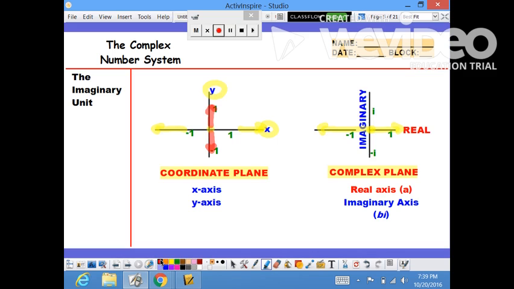But on the imaginary axis, when you go up, that's positive i, and when you go down on the imaginary axis, that's negative i. The real axis, again, is a, and the imaginary axis is your bi, which has your complex number. Okay. All right. Let's move on.